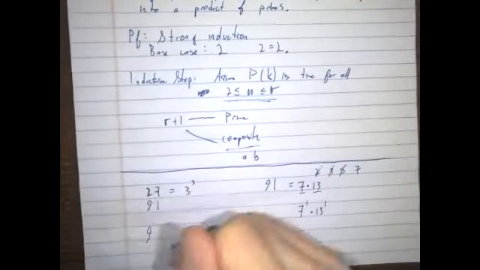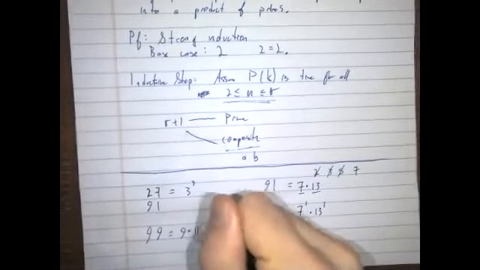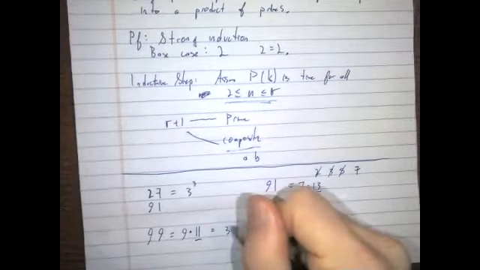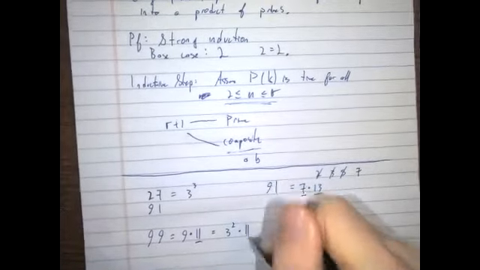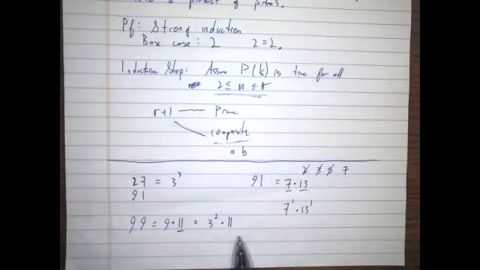99 will also have a nice prime factorization. This one I know. This is equal to 9 times 11. Well, 11 is prime, but 9 isn't. So this is equal to 3 squared times 11. And now I've written it as a product of primes. 3 is a prime and 11 is a prime. So I have a decomposition of my integers in terms of products of primes.